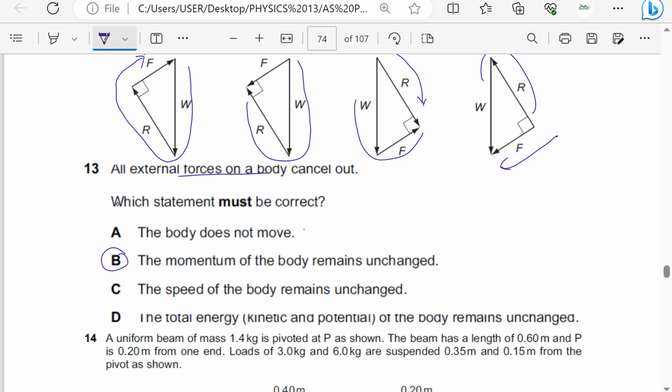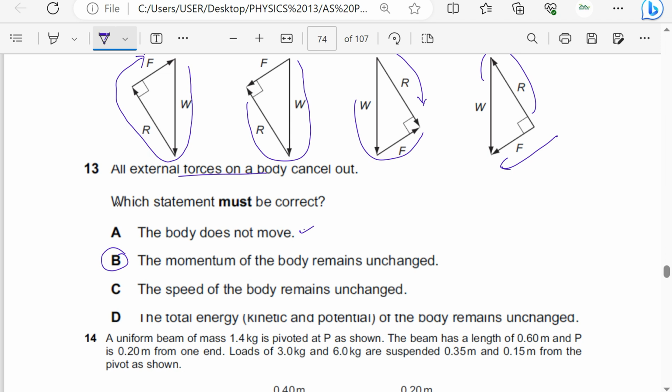After all, if all external forces cancel out, the body may still move. It can move at a constant velocity or constant speed. Then the speed of the body remains unchanged.